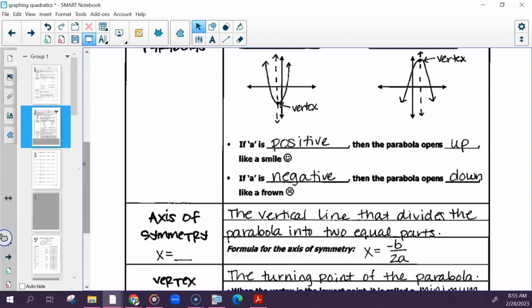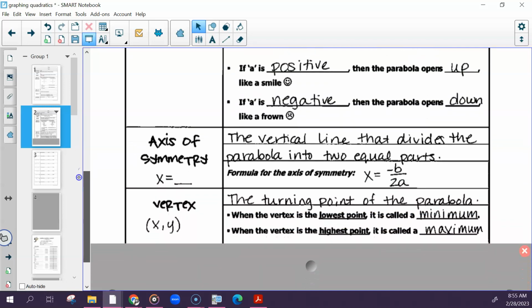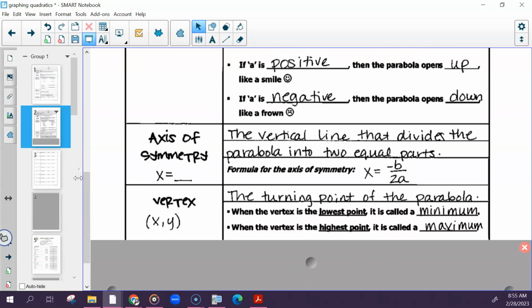Anyone else still need the rough sketches? Make sure you're writing the things off to the side too. Who is still writing this up?